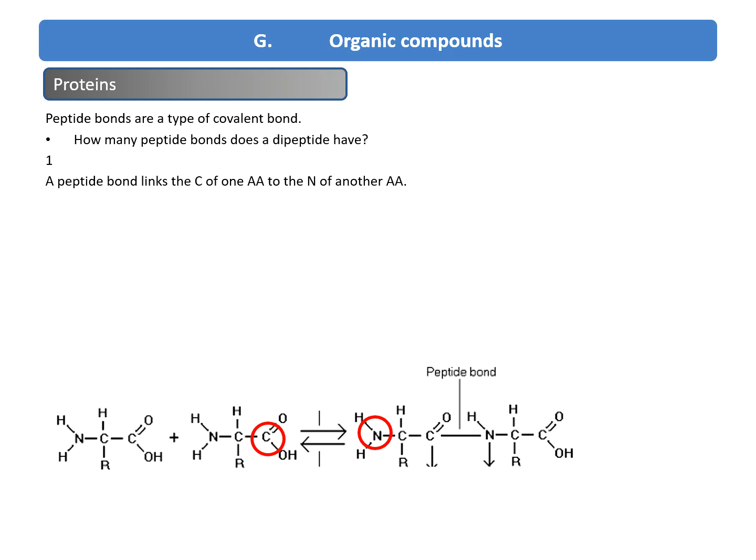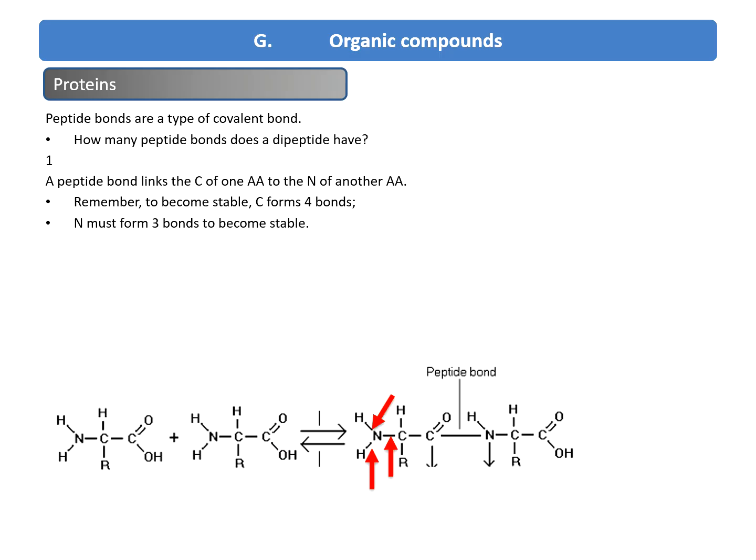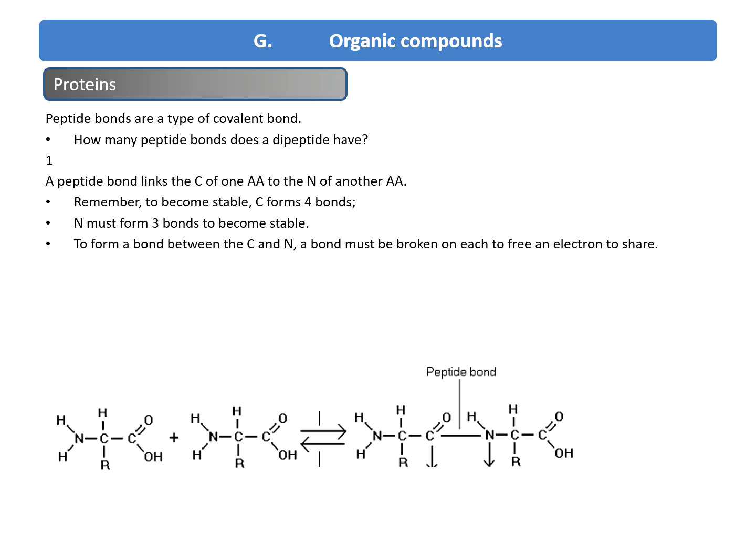Peptide bond links the carbon of one amino acid to the nitrogen of another. Remember, to become stable, carbon forms 4 bonds. Nitrogen, to be stable, has to have 3 bonds. To form a bond between the carbon and the nitrogen, a bond must be broken on each to free up an electron to share.